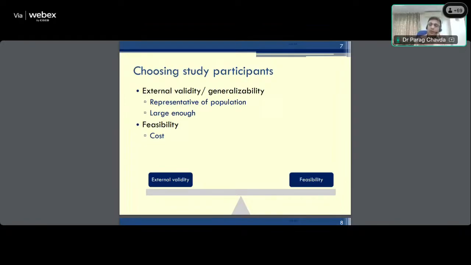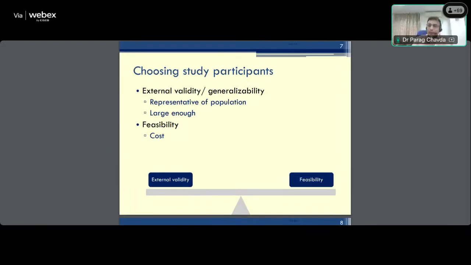So feasibility is also equally important when you practically derive your sample size. So it's a balance between the two, scientific rigor in terms of external validity and feasibility. And to ensure feasibility, a value will also come in the sample size calculation, and we will come back to it when we discuss sample size.